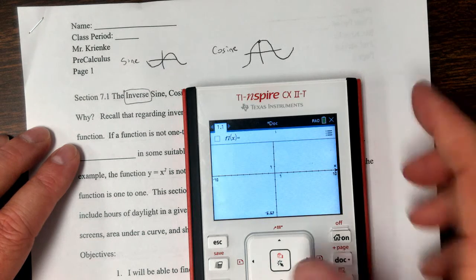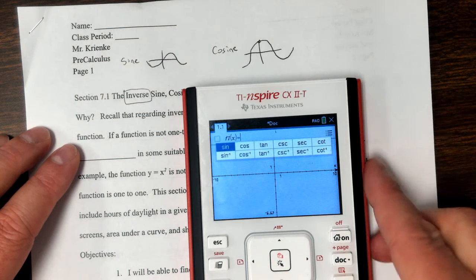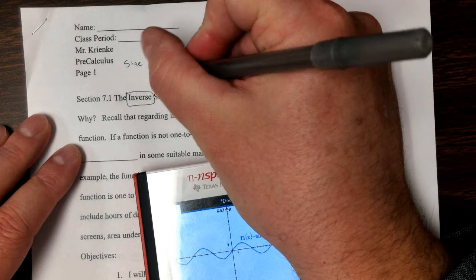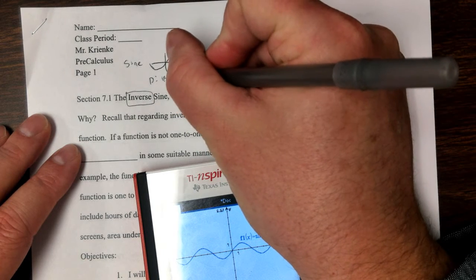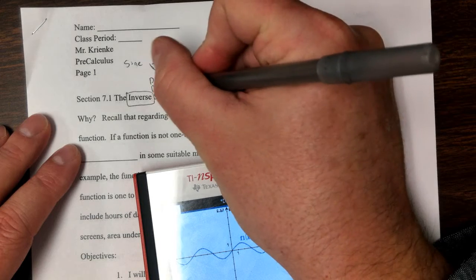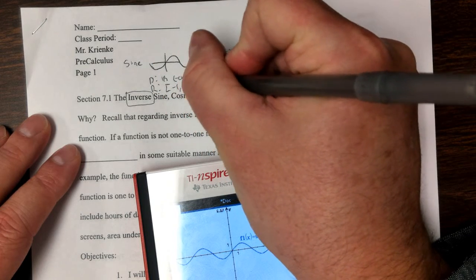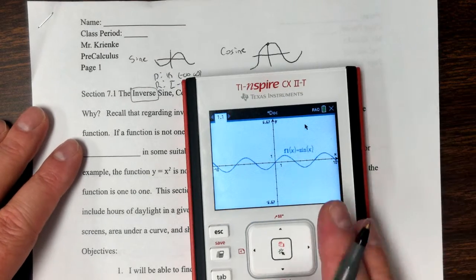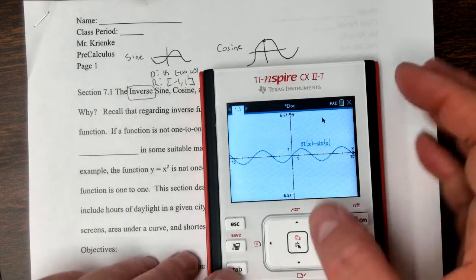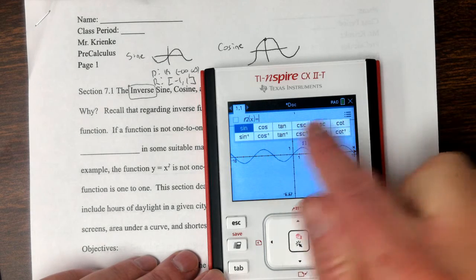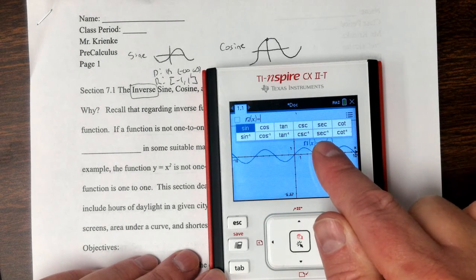So just comparing them at first, the sine graph looked like this, where your domain was all reals, which was negative infinity to infinity, and your range went from -1 to 1. So now we're going to do the inverse sine. So you press trig, and then underneath those, you have all these things with the -1.